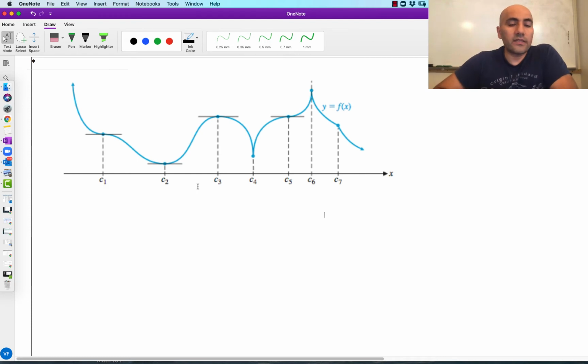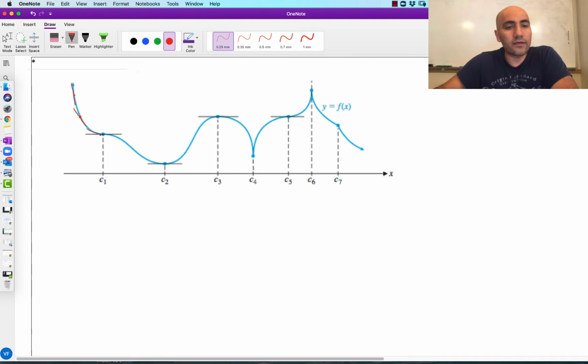Okay, next let's take a look at this function f of x here. Don't worry about what the actual equation is, just looking at the graph. Let's think about when the function is increasing or decreasing, therefore we're thinking of the slopes of the tangent lines. Over here we'd have a tangent line that looks like that. It's going to be a big negative. Then over here it's still negative, maybe a little smaller.